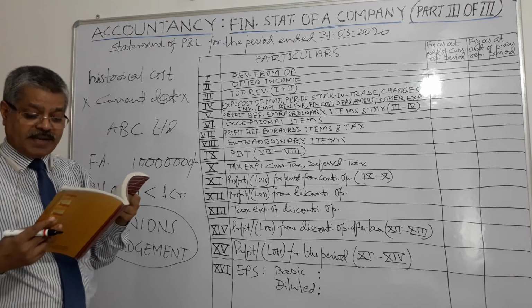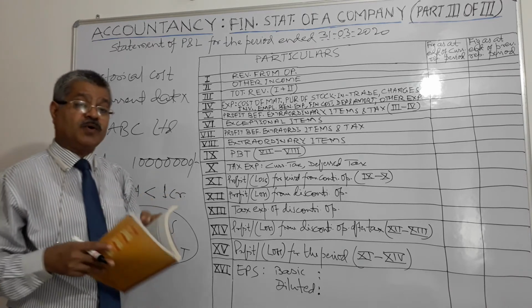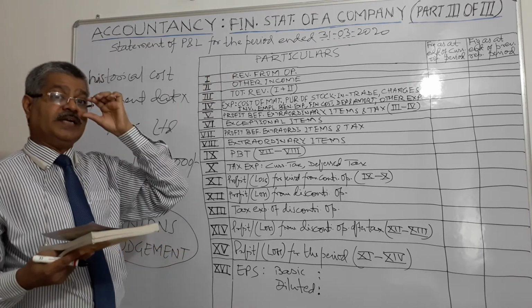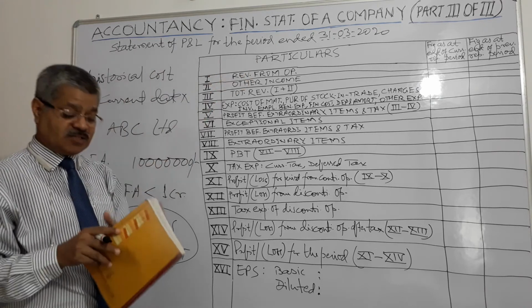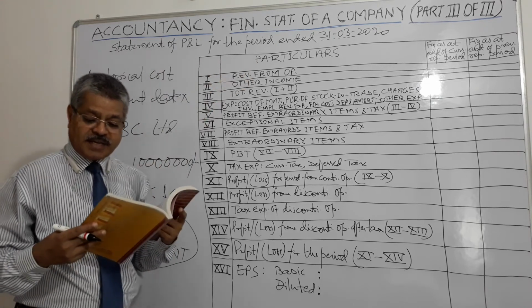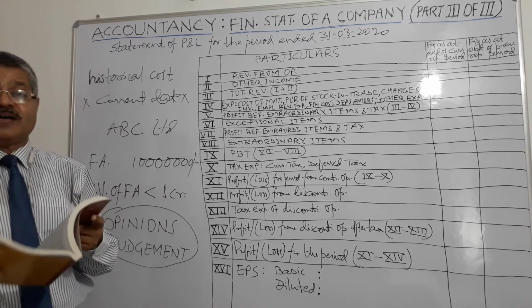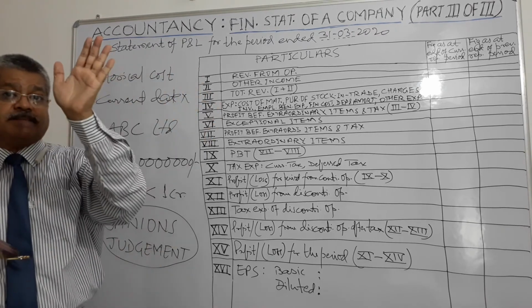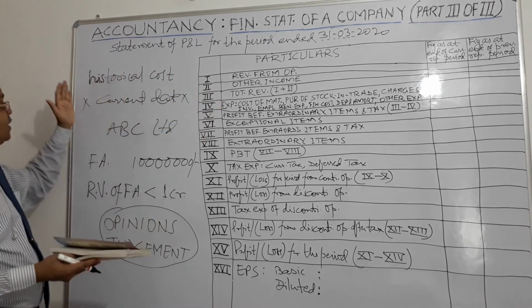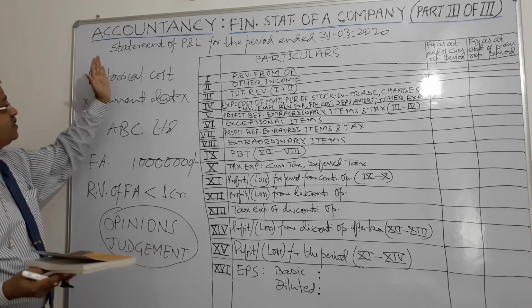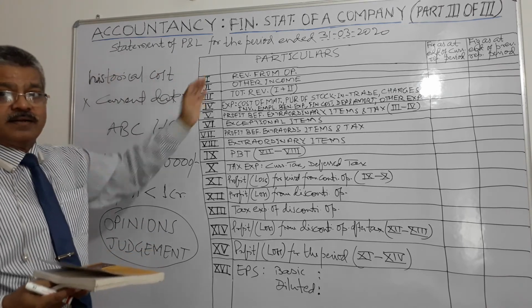A statement of P&L discloses the profit or loss for a specified period, 2019-2020 in this case. It doesn't give an idea about the earning capacity over a period of time. It doesn't give an idea 2014, 15, 16, 17, 18, right?